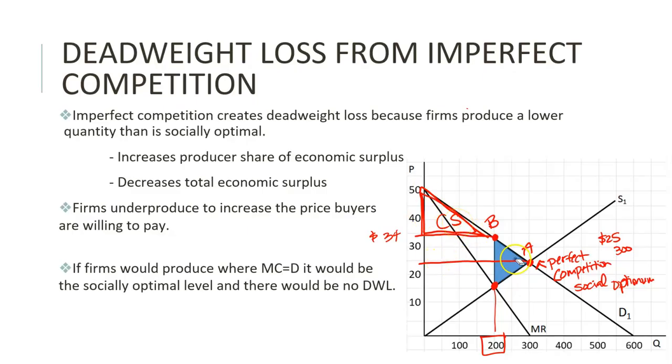And from the producer side, they might lose a little from this triangle, but they gain this much larger rectangle over here. So this is transferred to producer surplus. And so our producer surplus becomes this lovely shape over here.